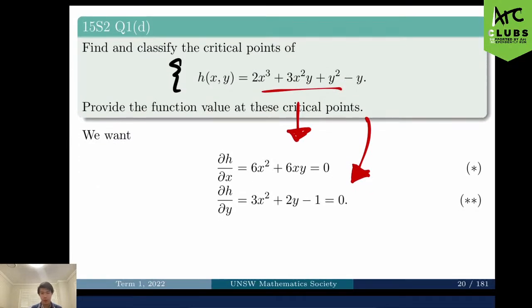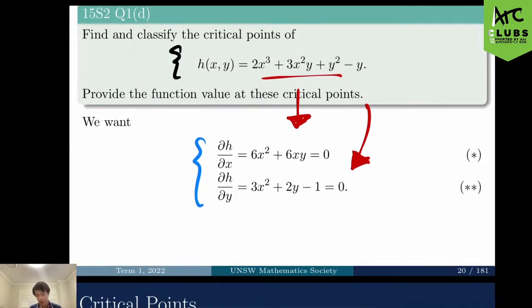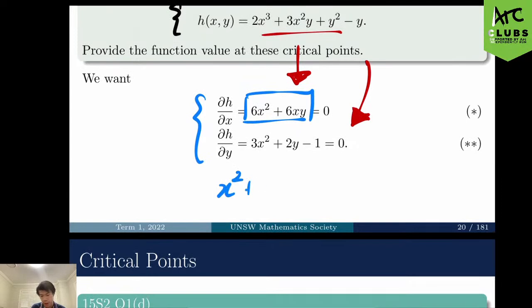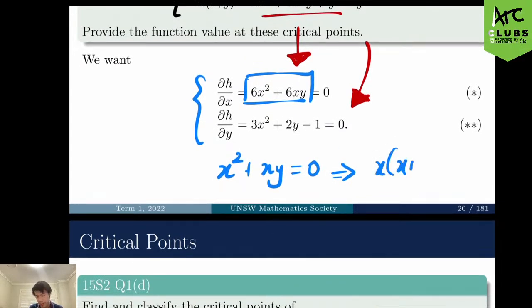Cool. So it looks a bit overwhelming because we've got 2 variables with 2 equations, but generally what you can do in these kinds of questions is you can either substitute or you can try to factorize. In this case, we've got a really good opportunity to factorize. If 6x squared plus 6xy is equal to 0, then that means that x squared plus xy is equal to 0. And that's a nice factorization, right? x times (x plus y) equals 0.